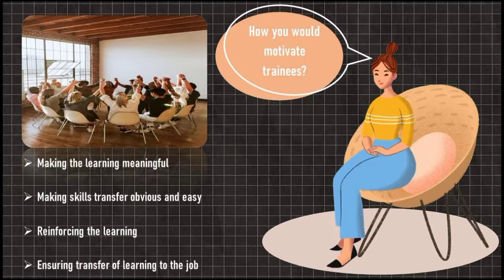During training, provide trainees with training experiences and condition surroundings or equipment that resemble the actual work environment. After training, reinforce what trainees learned, for instance, by appraising and rewarding employees for using new skills, and by making sure that they have the tools and materials they need to use their new skills.